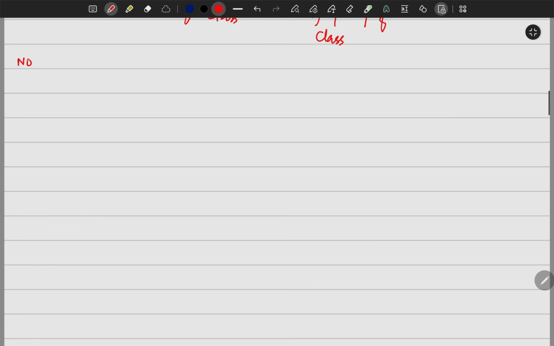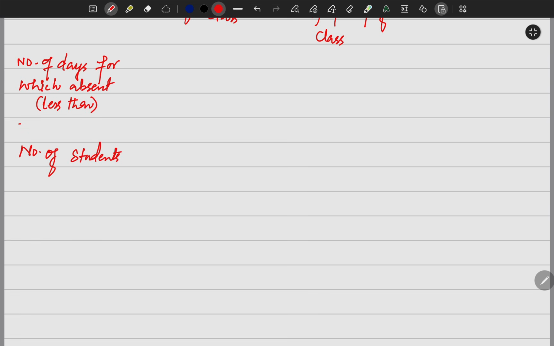For example, you have the data as number of days for which students are absent, less than, and the number of students. For example, you have 5 days and 29 students are absent.